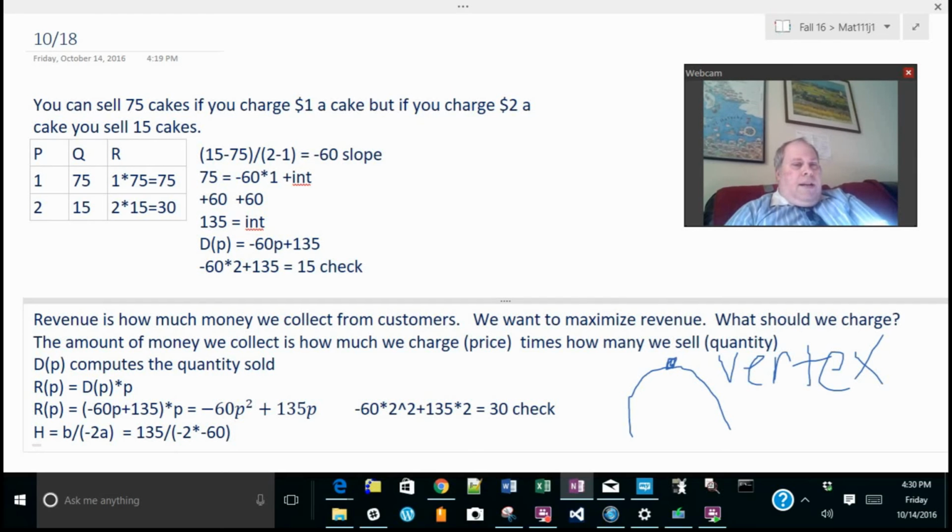So the price that maximizes revenue here is $1. We can round it to the nearest cent: $1.13.